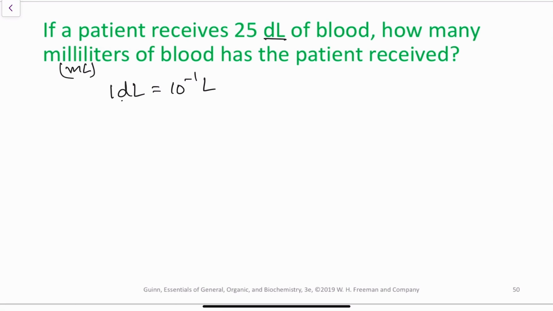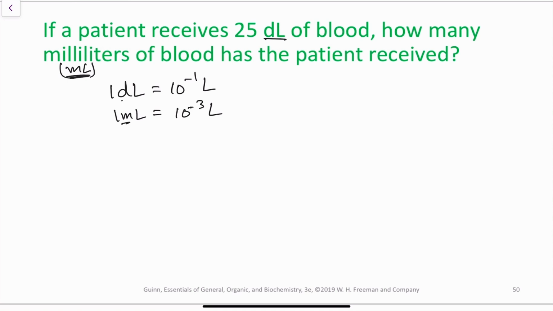But our answer has to be in milliliter, and there is no relationship between deciliter and milliliter. But I know 1 milliliter is 10 to the power negative 3 liter, because m is milli, 10 to the power negative 3. So to go from deciliter to milliliter, we have to cross liter in between. Liter is like a bridge connecting deciliter and milliliter, because liter is common in both of them.